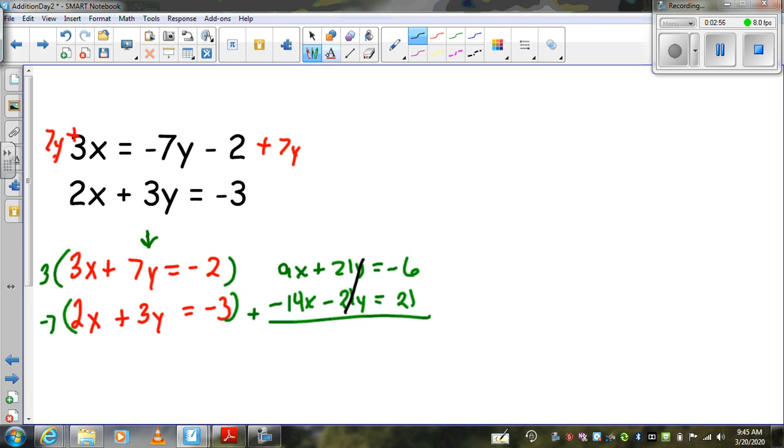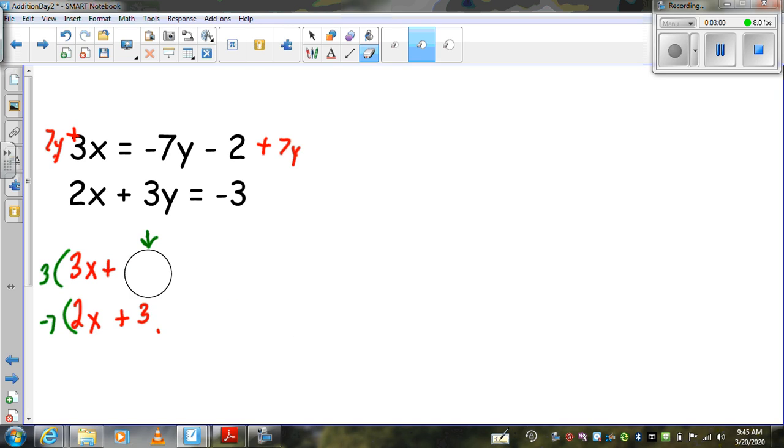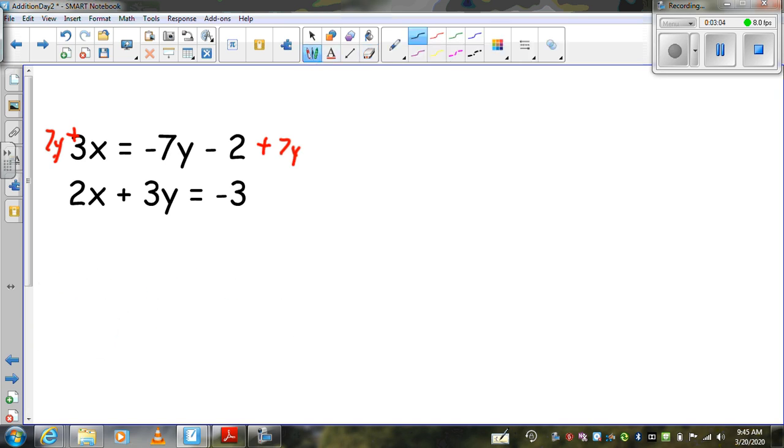Now, I think I would like to get rid of the x's. So I'm going to do this again, but this time I'm going to get rid of the x's. So if I try to get rid of the x's, then I'm going to think of a number that 3 and 2 both go into.